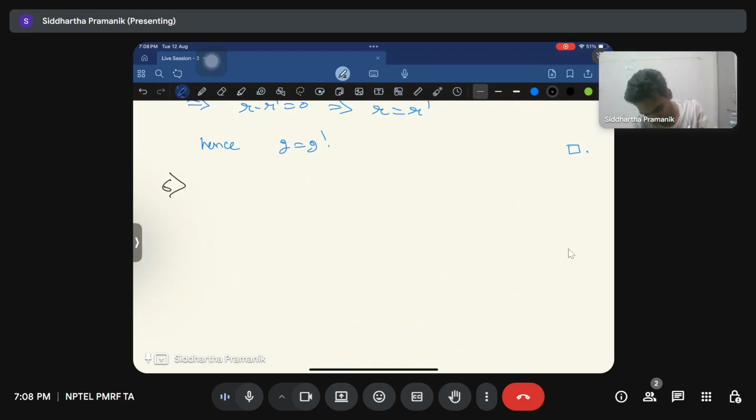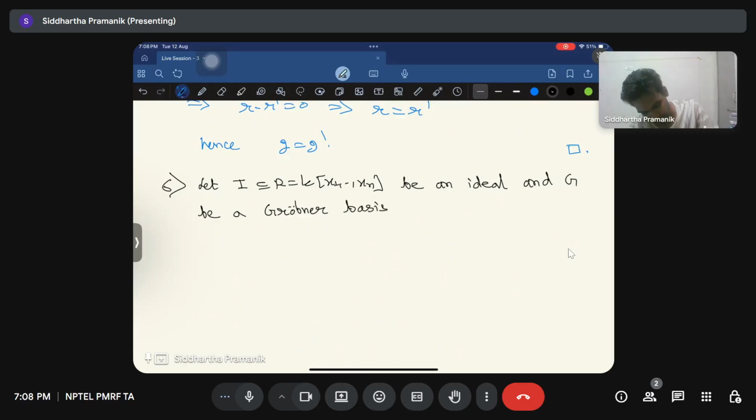Let I, a subset of this polynomial ring k[x1, up to xn], be an ideal and G be a Grobner basis for I with respect to some monomial order, let's say this greater than.